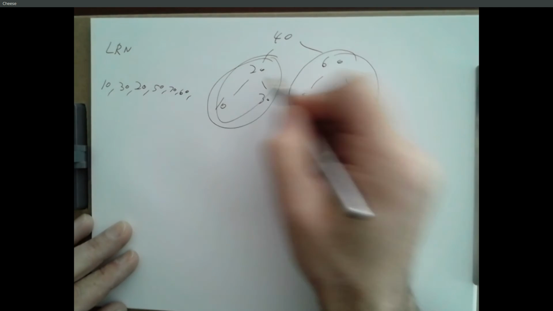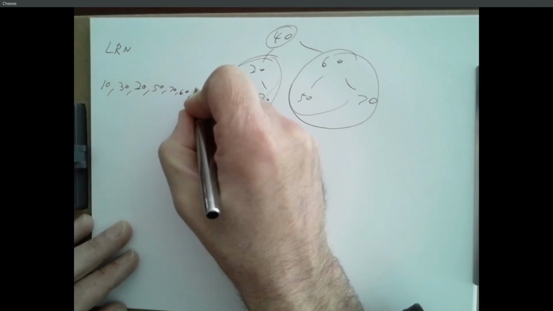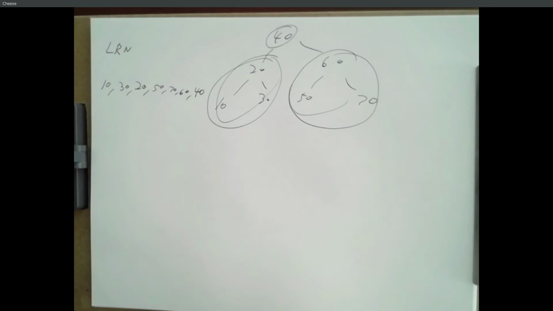And then, having done the left and right subtrees, we'll do the root node of the original tree, which is 40. And that's weird. That's not like in sorted order. It's just kind of a different traversal order. But post-order LRN traversal is useful sometimes.